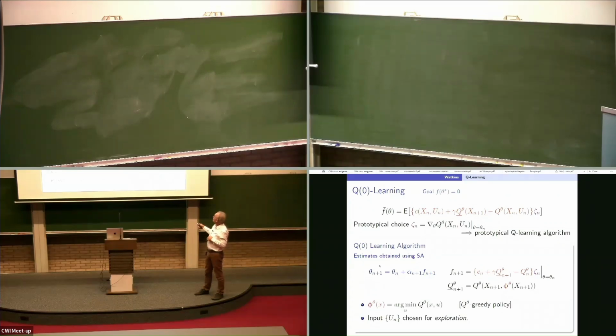What I've done here is plug in the minimizer over all U. Whenever you see this phi theta of x, that's the Q greedy policy. I'm taking the policy which minimizes this, so if Q theta were Q star, this would be the optimal policy.